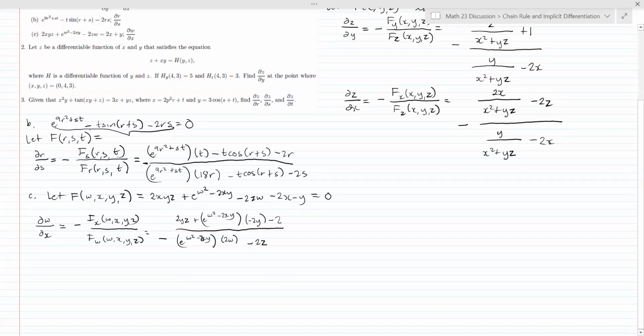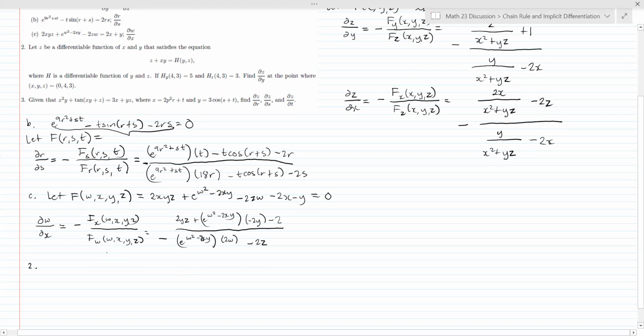Okay, sige. Number 2. So number 2, we have z is a differentiable function of x and y that satisfies the equation z plus xy equals h of yz, where h is a differentiable function of y and z. Okay? So, hinahanap natin yung partial ng z with respect to y.